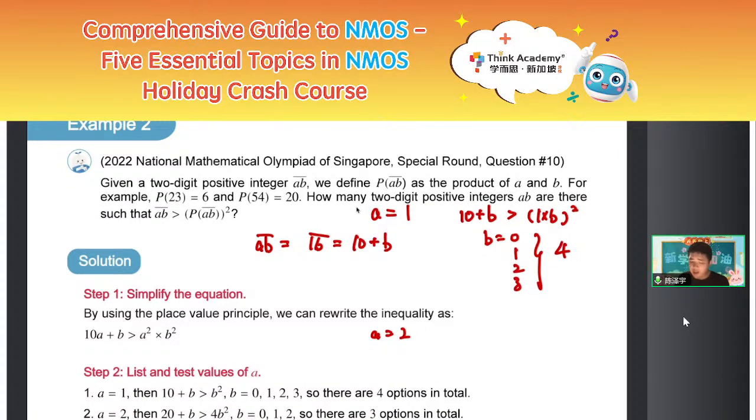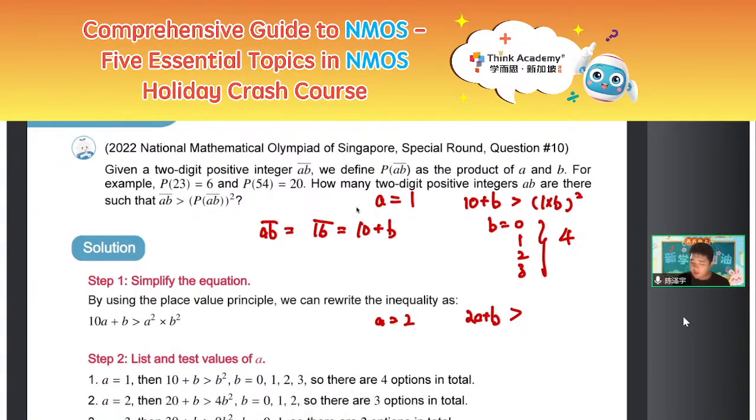If A equals 2, AB will just be 20 plus B. The only thing I'm changing here is that 20 plus B is greater than 2 times B squared, which we can write as 4B squared.